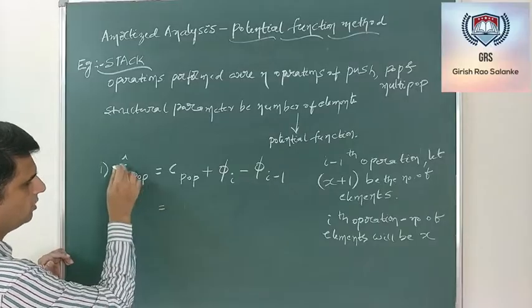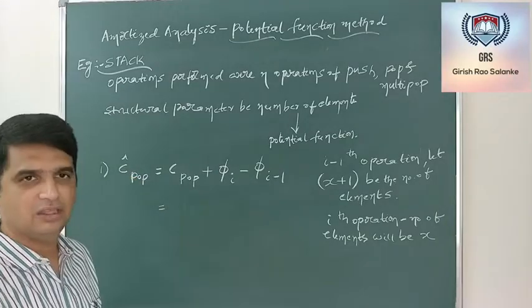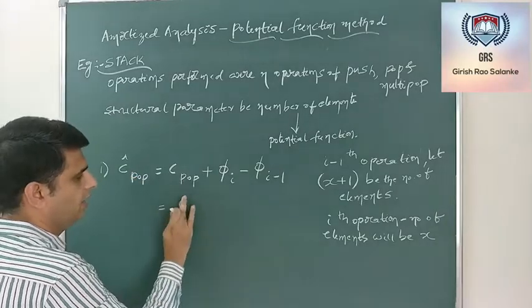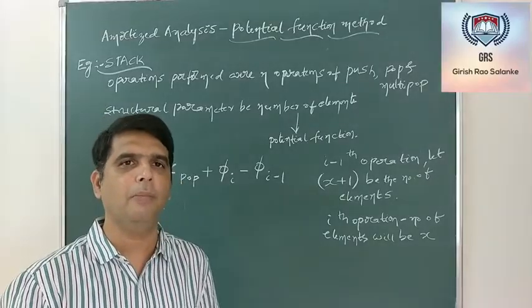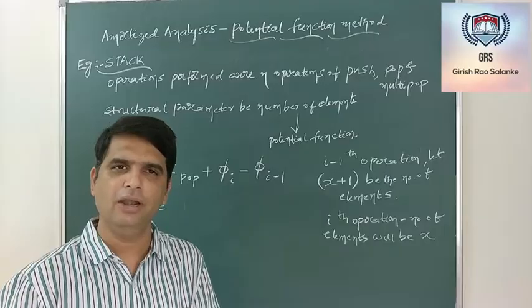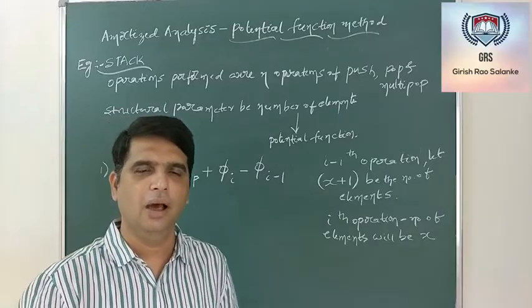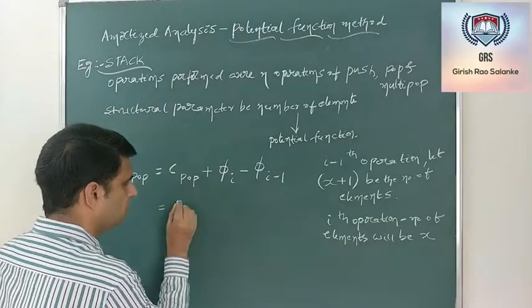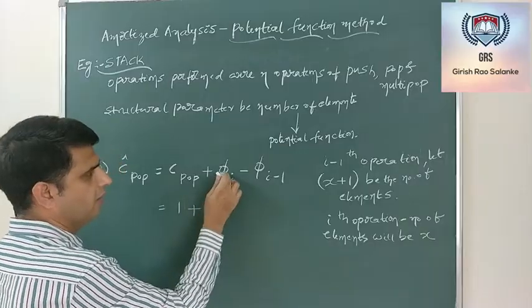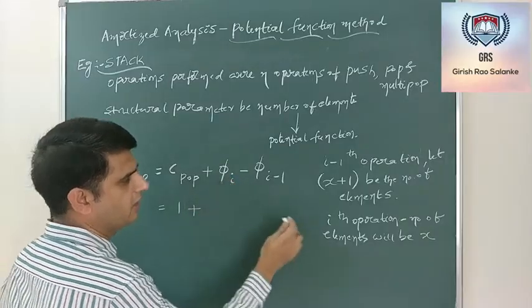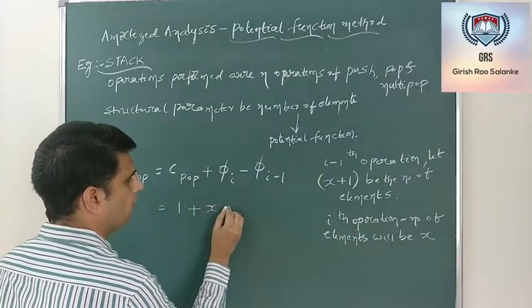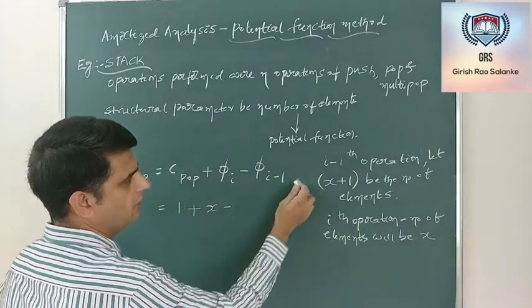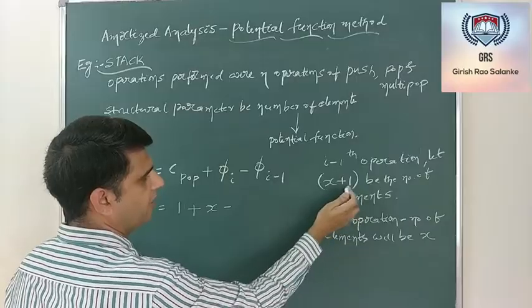Now please apply this. The amortized cost of performing the pop operation is the actual cost of the pop operation, which is a constant, 1, plus phi i. Phi i is the number of elements after the ith operation, which is x, minus phi i minus 1, which is x plus 1.